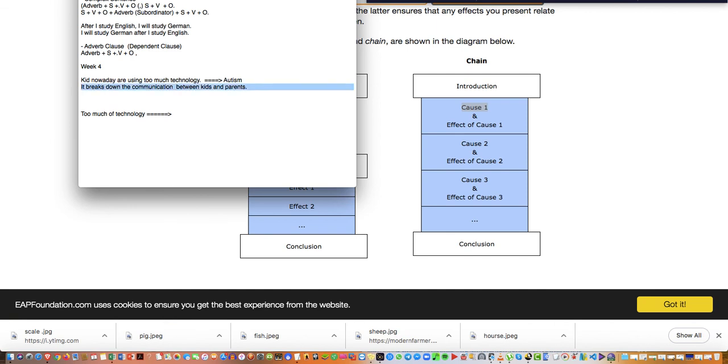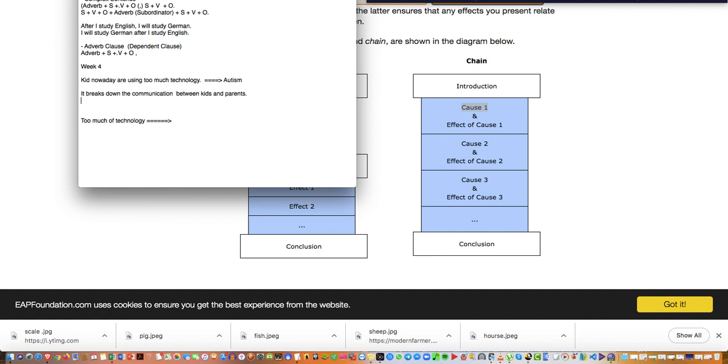Now my question for you is whether this is a cause or an effect. I leave it to you all to make the decision. If you say no, this is an effect, then you're supposed to find what is really the cause, number 2. You will have to find out yourself.